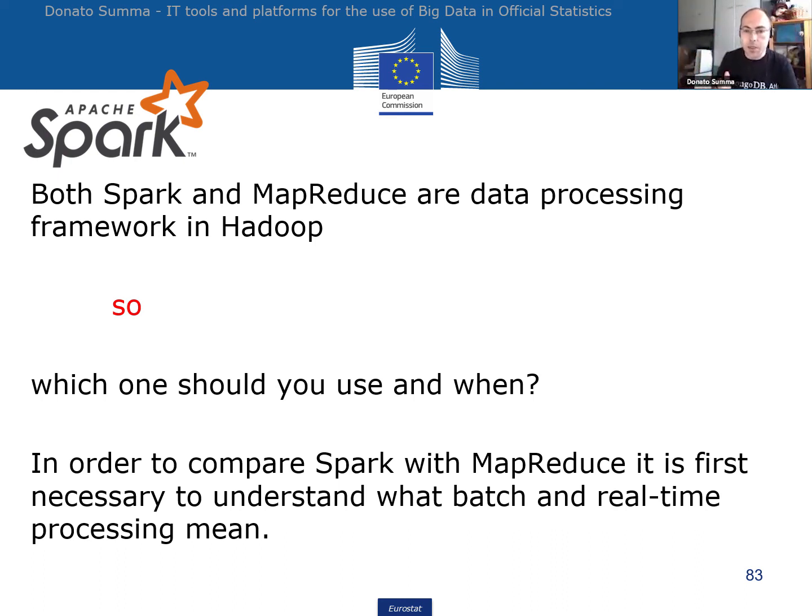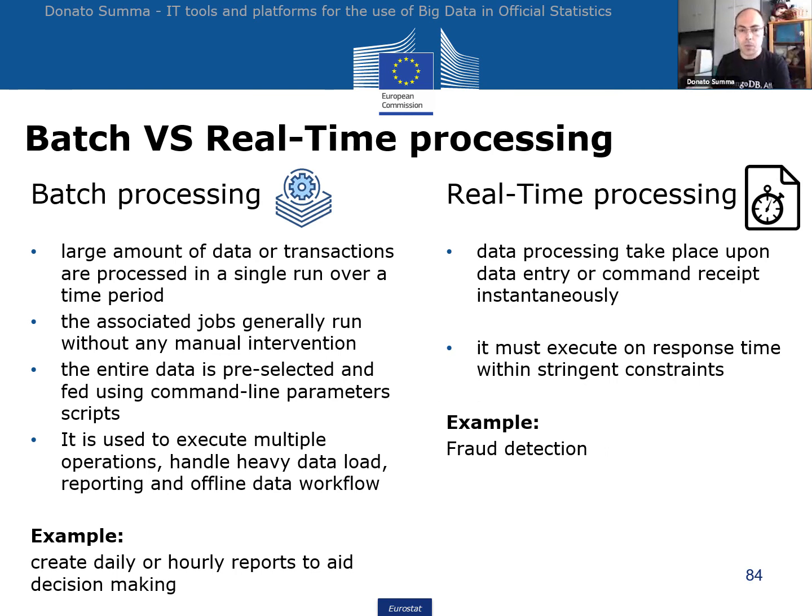In order to compare Spark with MapReduce, it's first of all necessary to understand what batch and real-time processing mean. Batch processing means that we have to deal with a large amount of data or transactions that should be processed in a single run over a time period.